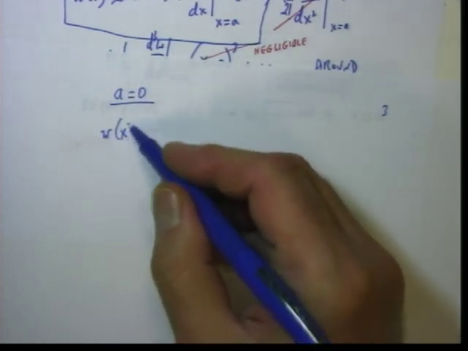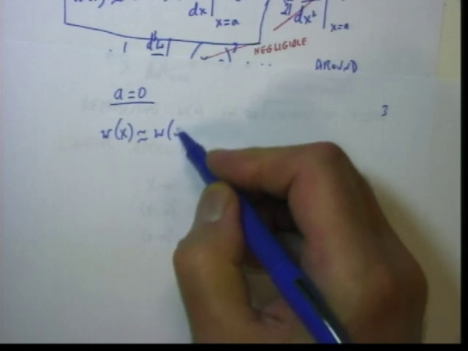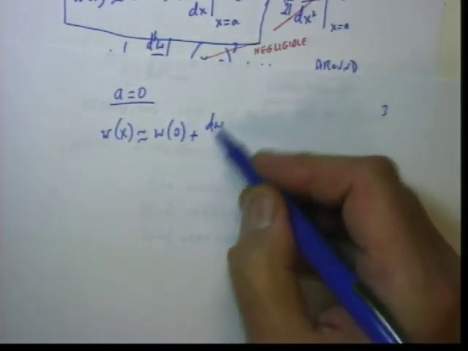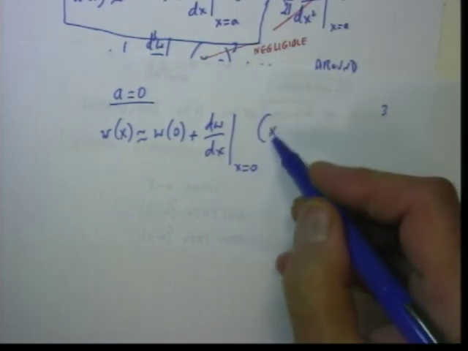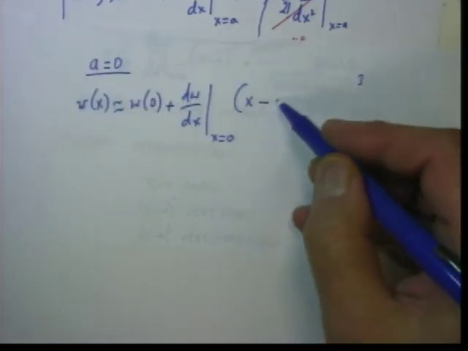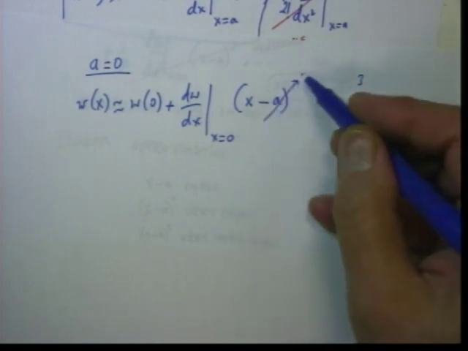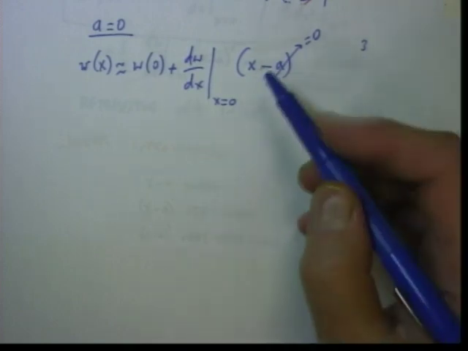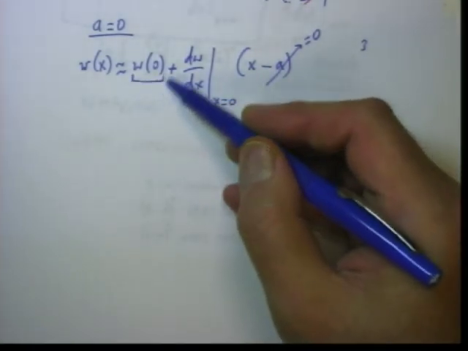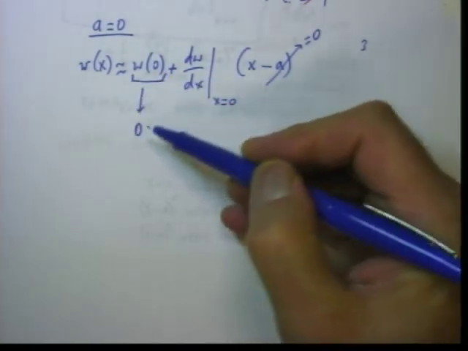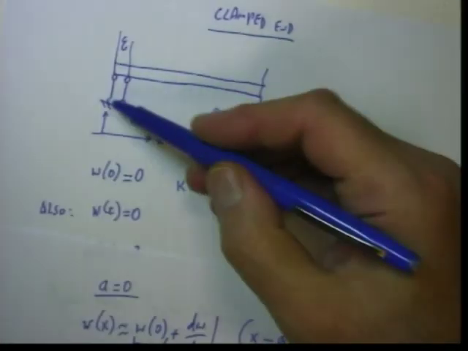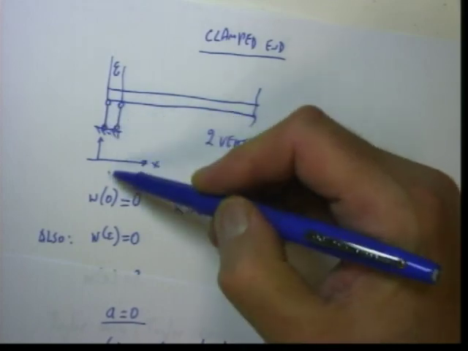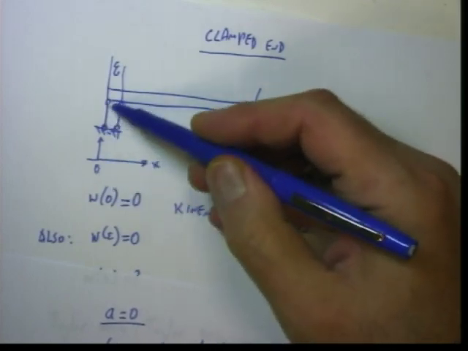So W of x equals W at 0 plus dW dx at x equals 0 times x, yes, x minus A, but this A is 0. But this W at 0 is 0, do you remember? Because at A we have two links. So the displacement is 0.